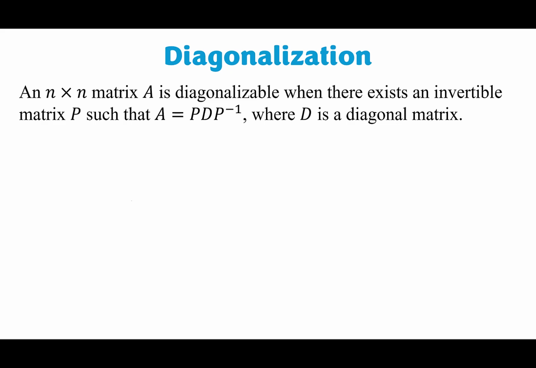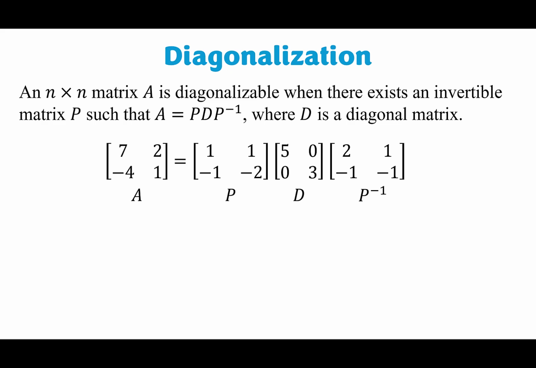Now here's an example. If we have this matrix 7, 2, negative 4, 1, so this is our matrix A, it is possible to write this as a product of 3 matrices, P times D times P inverse. Notice the middle matrix is a diagonal matrix, and the rightmost matrix is the inverse of the leftmost matrix, P. Now, why would we do this, right?